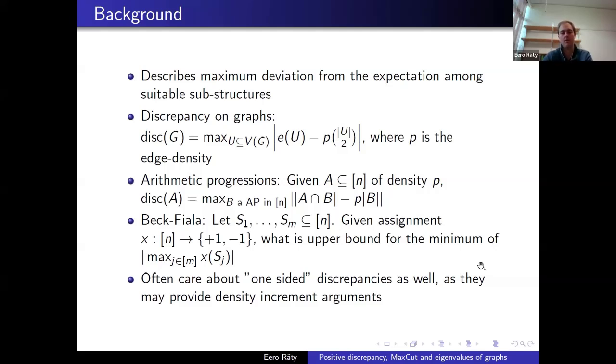There are theorems saying that if each i is in at most t of these sets, then the maximum of these sums can be quite small. This is not really related to what I'm going to talk about today, but it demonstrates that various notions of discrepancy are quite rich in combinatorics.